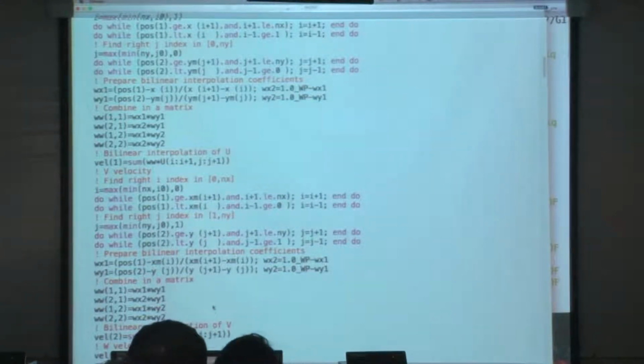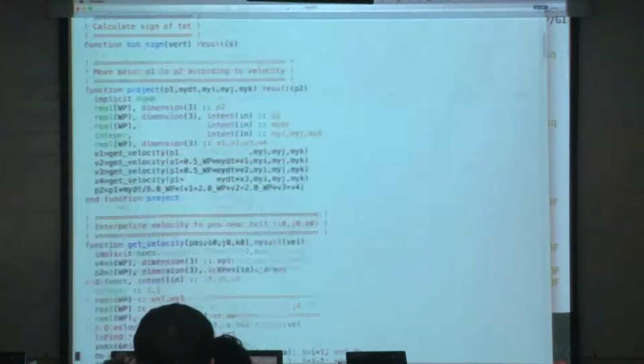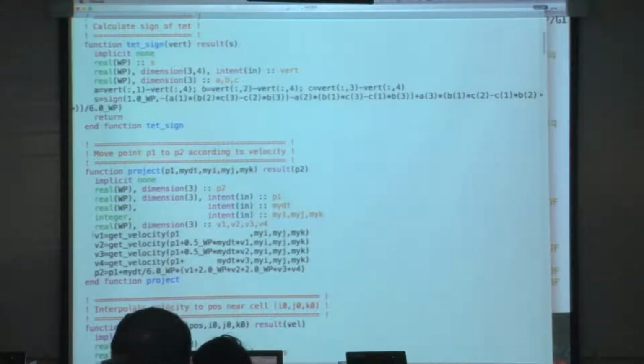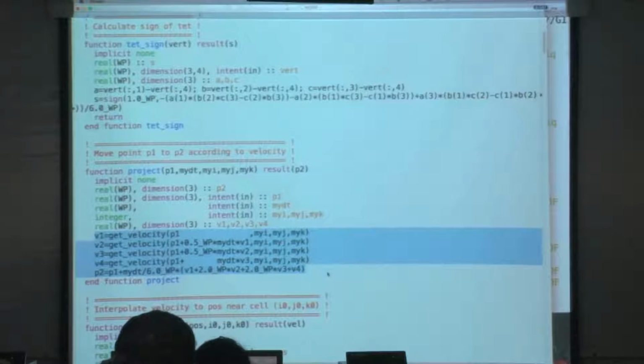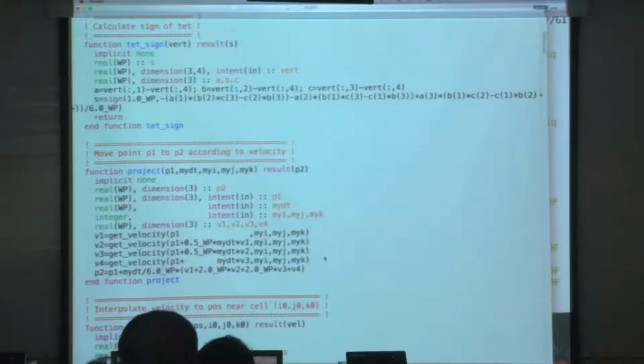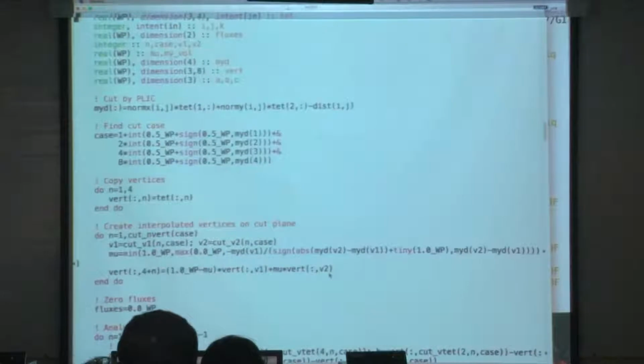All right, so now we're starting to bring tools together and combine them pretty quickly. So I have a velocity interpolation to any point on my domain. From that, I perform a Runge-Kutta integration that allows me to take my cell vertices and move them backwards in time. This was step 1 and then step 2 of the Le Chenadec algorithm.